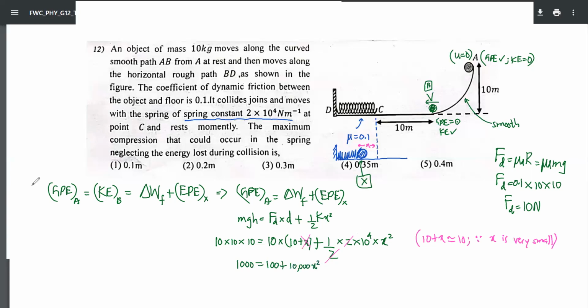Now I can get rid of a couple of zeros from everything. 100x squared is equal to 9. What is x squared? 9 over 100. What is x? 3 over 10. Answer 0.3 meter. Very good.